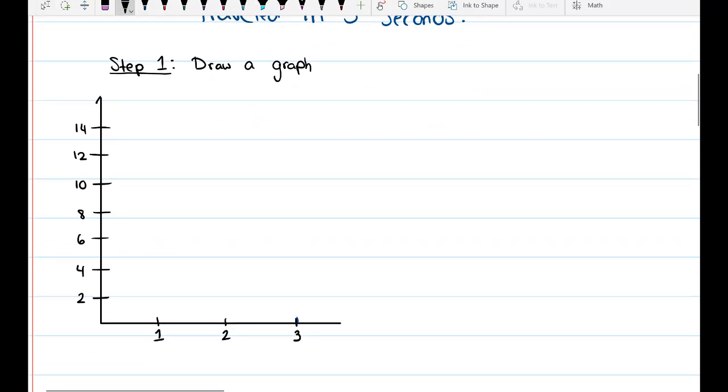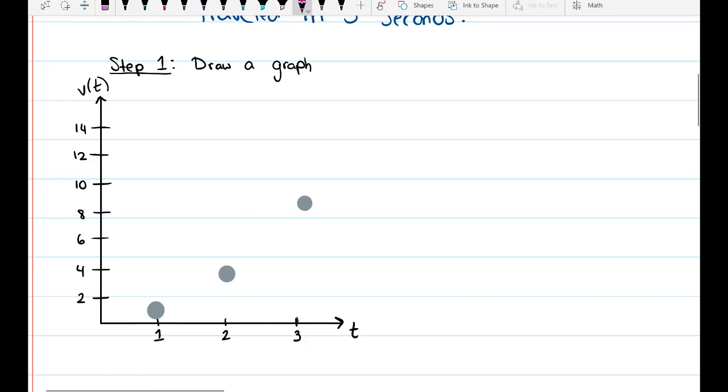So we're going to draw a graph, and we're going to let the horizontal axis represent t and the vertical axis represent v of t. So we're going to go ahead and draw out t squared. When you have 1, it's 1. When you have 2, it's 4. And when you have 3, it's 9.